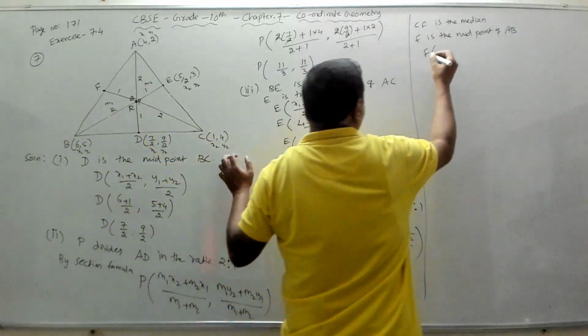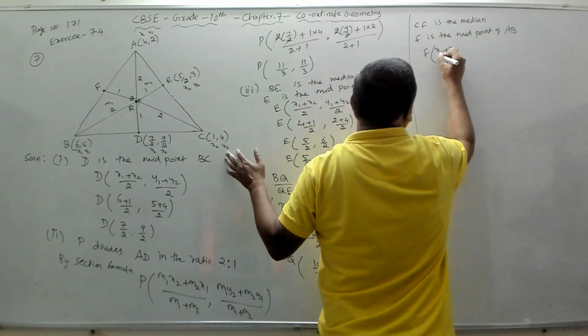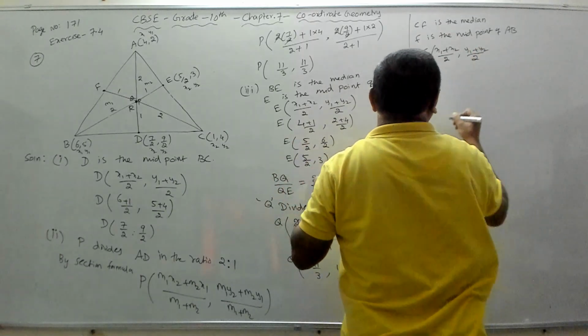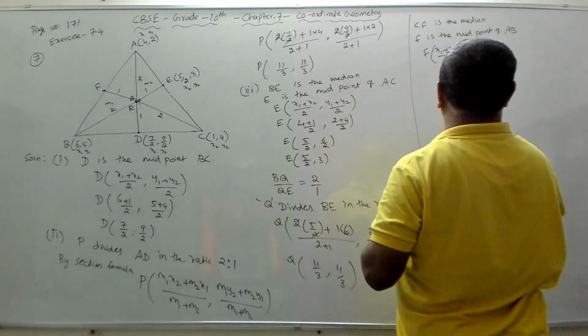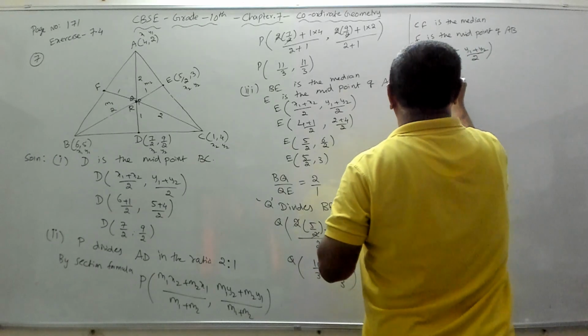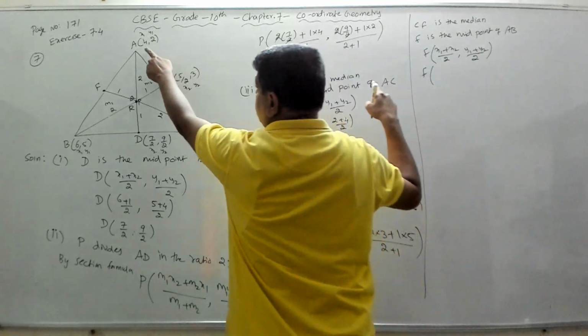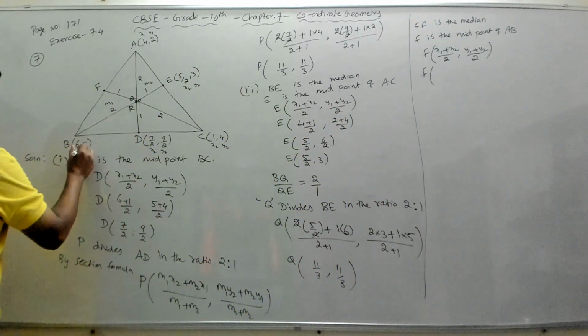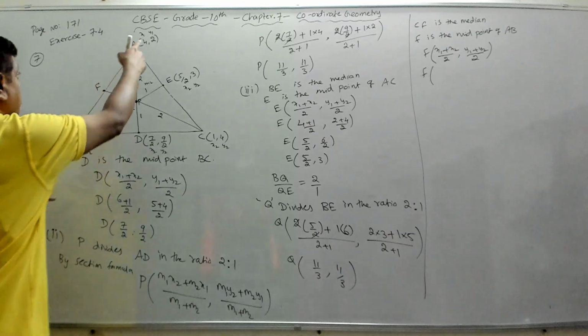So we'll write here x1 plus x2 by 2 comma y1 plus y2 by 2. So you should take this as x1, y1, and this as x2, y2.